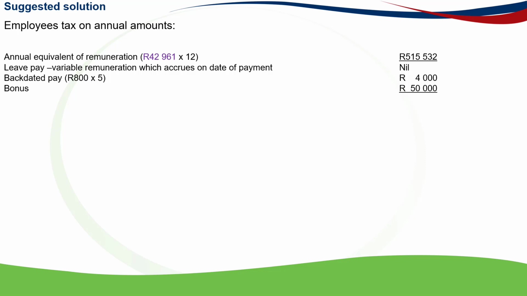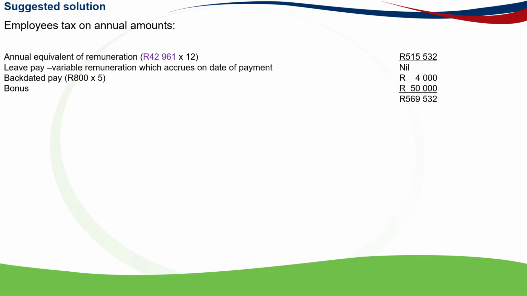So the sum of the annual equivalent, which is the 515,532 that we started off with, plus the annual variable amounts, results in an amount of 569,532.